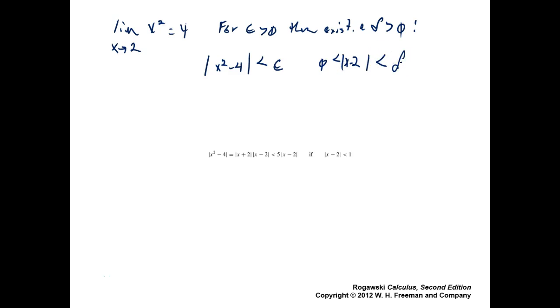If you choose an epsilon, you've got to be able to then find a delta that's going to make it happen.